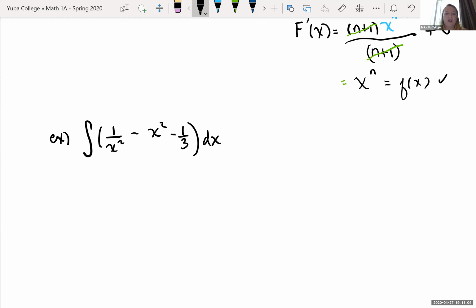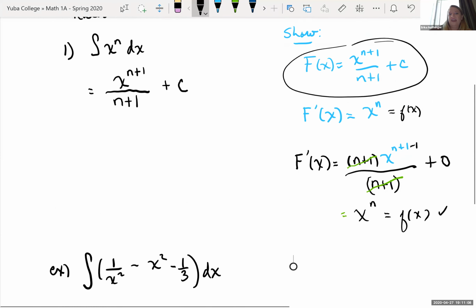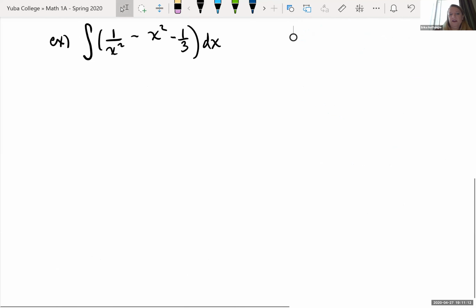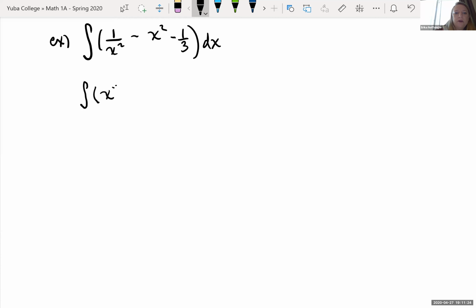Okay, so this is not quite in the form that I can use that general power rule of antiderivatives. I need to rewrite 1 over x squared so that the x squared is not in the denominator. Just like when we were taking derivatives, sometimes rewriting the form was helpful. So let's rewrite 1 over x squared as x to the negative 2 power, minus x squared minus 1/3 dx.